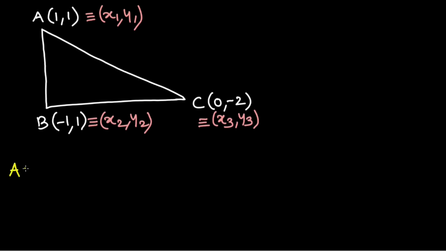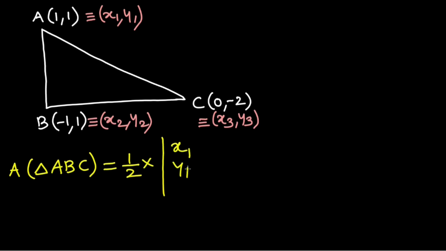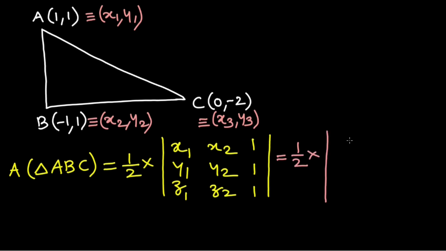We have area of triangle ABC by determinant method as half multiplied by the determinant x1 y1 1, x2 y2 1, x3 y3 1, which will be half multiplied by the determinant 1 1 1, minus 1 1 1, 0 minus 2 1.